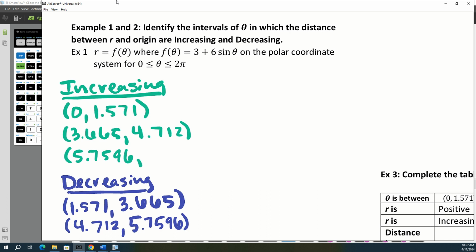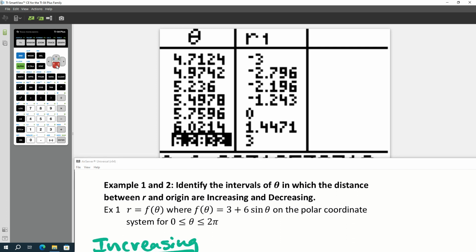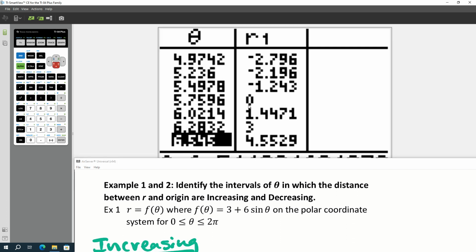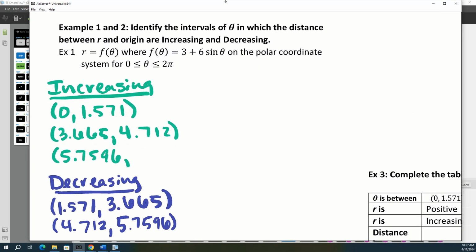And remember, we're only going to 2 pi. So what is 2 pi as a decimal-ish? 6.28. Pi is 3.14, so 2 pi should be 6.28. All right, there it is. So we increase all the way. I mean, it does keep increasing, but we're only going to 2 pi.